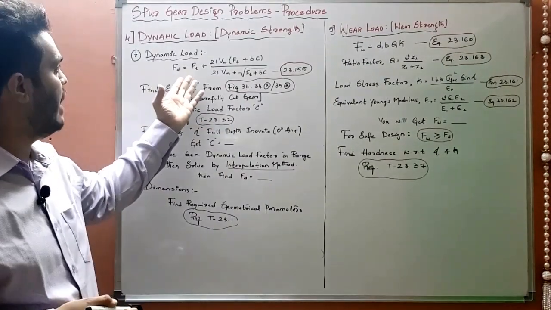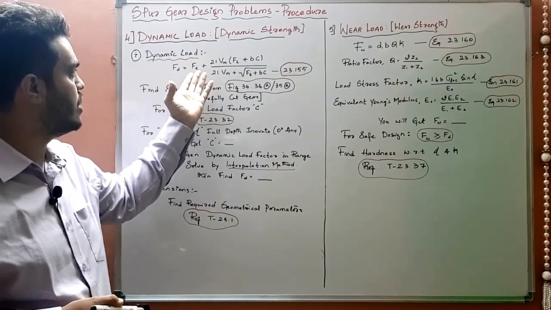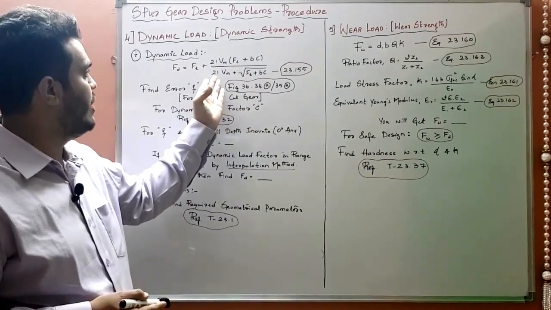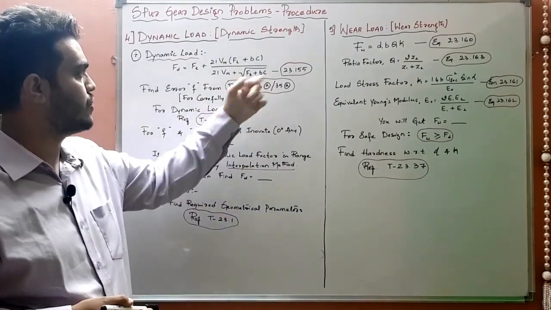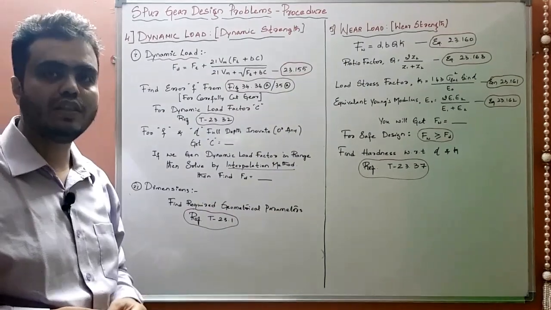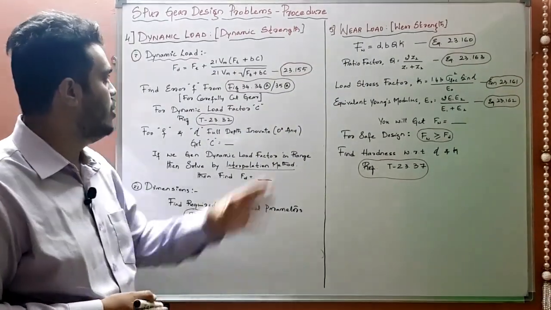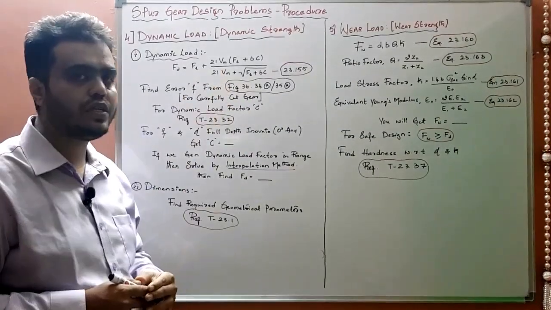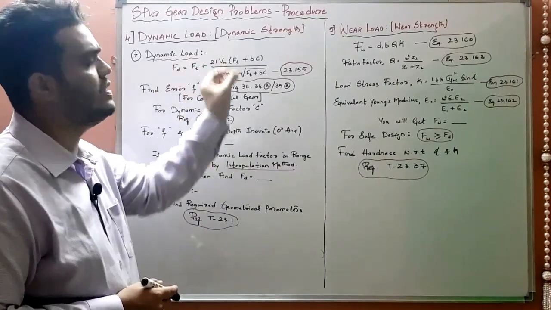For that we have an equation: FD is equal to FT plus 21 Vm into FT plus BC divided by 21 Vm plus square root of FT plus BC, which you will get in equation 23.155, okay?